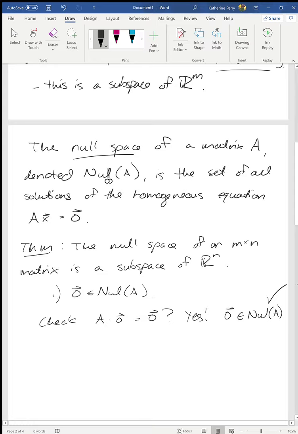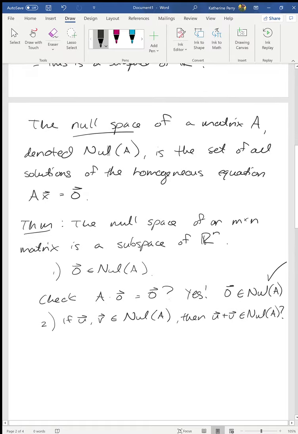Okay, the second thing I need to check is that if two vectors u and v are in the null space, then u plus v is also in the null space.